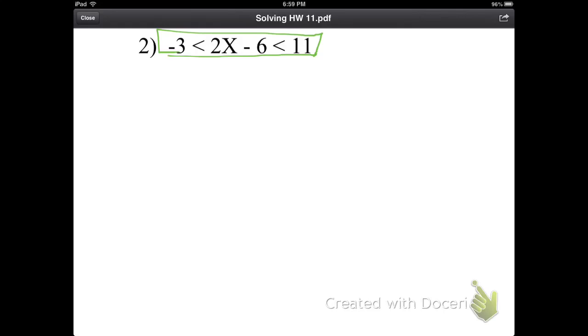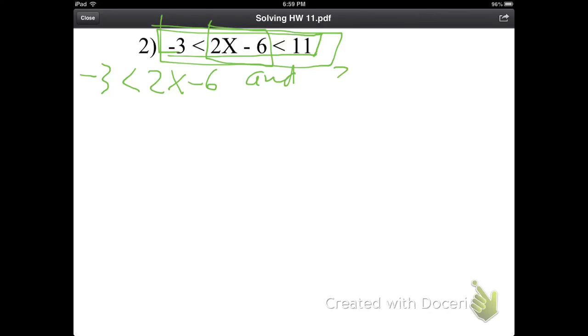You look at the left two parts and write down -3 < 2x - 6, and you put "and" because it's an "and" compound inequality. Then you write down the right two pieces. You're writing down 2x - 6 twice, and that's why you can write it all in one line, because 2x - 6 gets repeated.